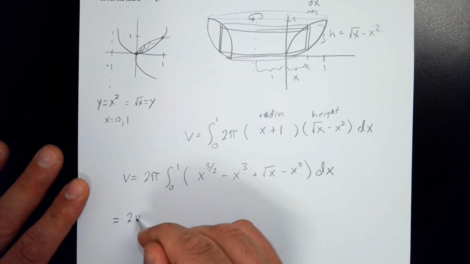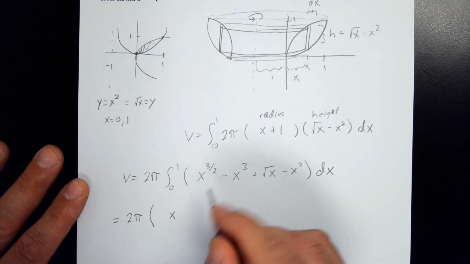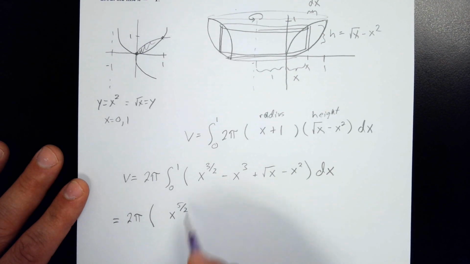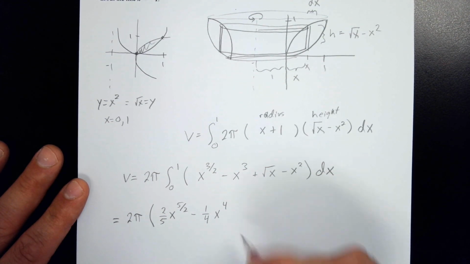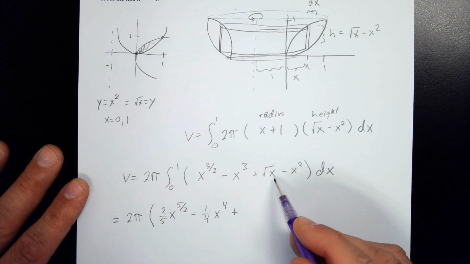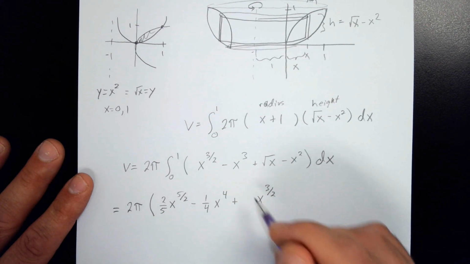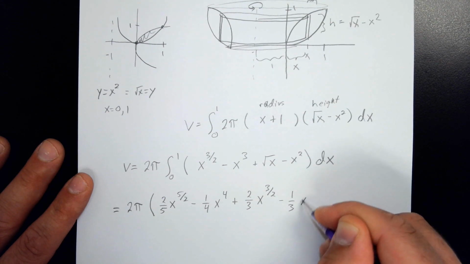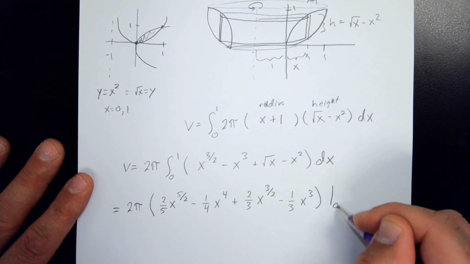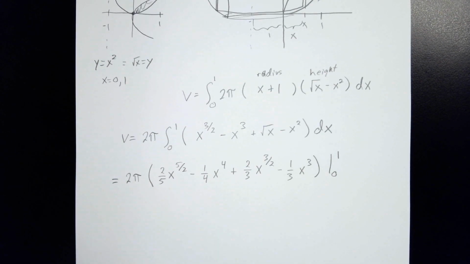This is 2 pi times, well, x to the 3 halves plus 1 is 5 halves. Dividing by 5 halves is the same as multiplying by 2/5, minus 1/4 x to the 4th, plus, this is x to the 1/2, so I'd have x to the 3 halves divided by 3 halves or multiplied by 2/3, minus 1/3 x cubed. Here I'm evaluating from 0 to 1. I really like those limits of integration from 0 to 1, they make this a lot easier.